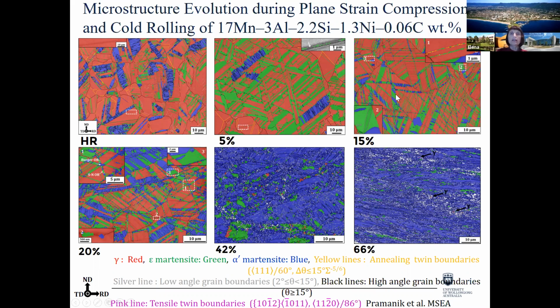We have an increase in transformation of both epsilon martensite and alpha prime martensite. But alpha prime martensite forms within the epsilon martensite or at intersections of epsilon martensite, and gradually the epsilon martensite fraction will be reduced and consumed by growing alpha prime martensite.